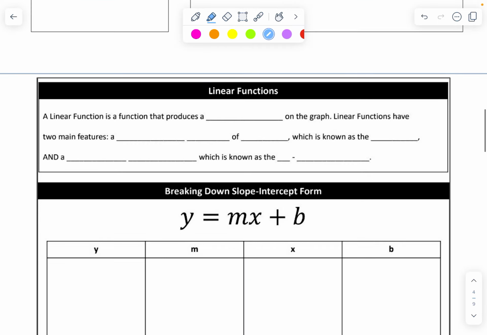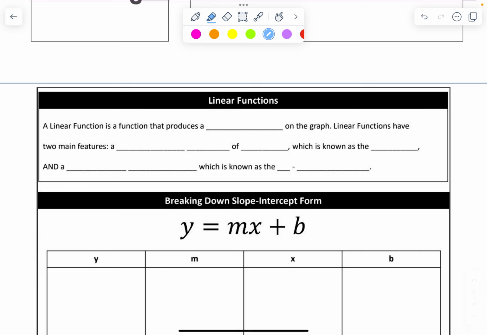After we discussed those examples, hopefully it's clear. So if we're talking about linear functions, a linear function is a function that produces a line, a straight line on the graph, just like we were talking about in the last lesson. Linear functions have two main features to them.